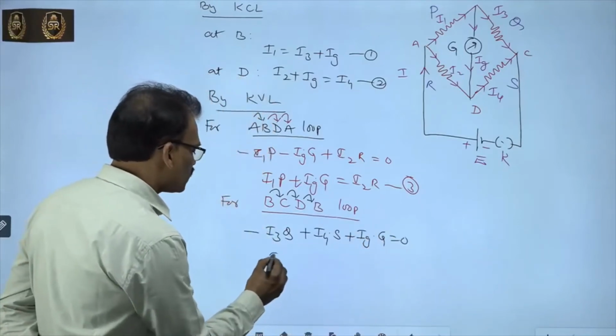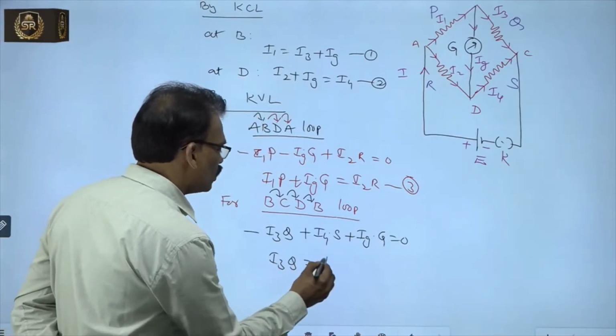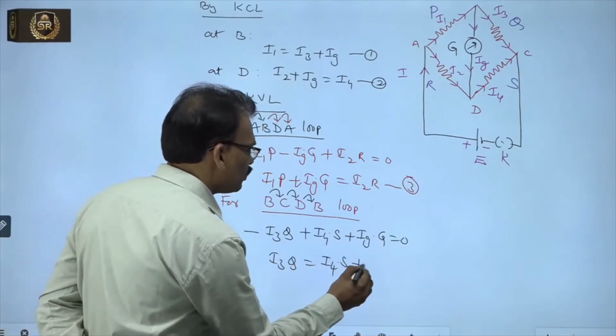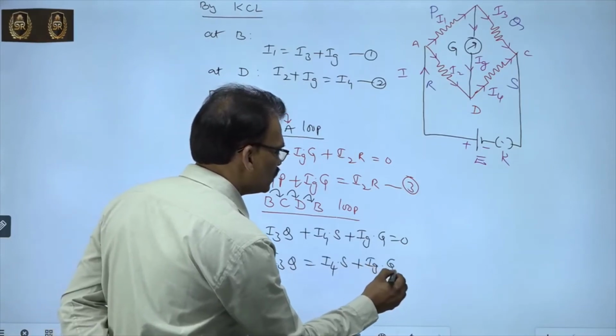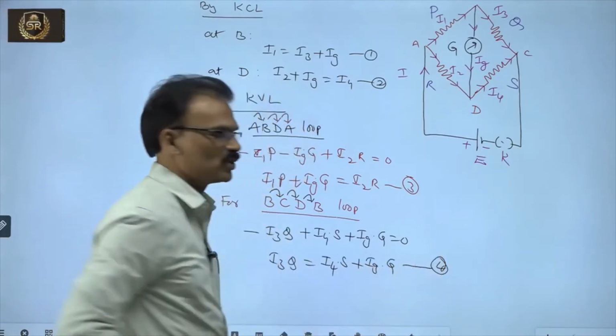So this can be written as I3 into Q is equal to I4 into S plus Ig into G. Let this be the fourth equation.